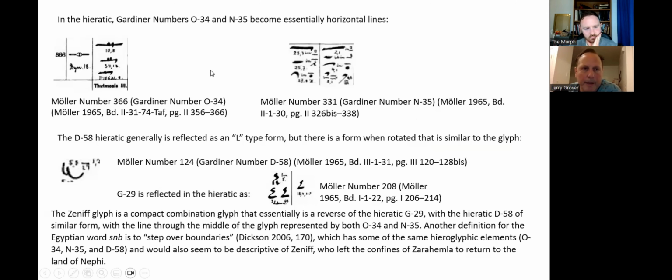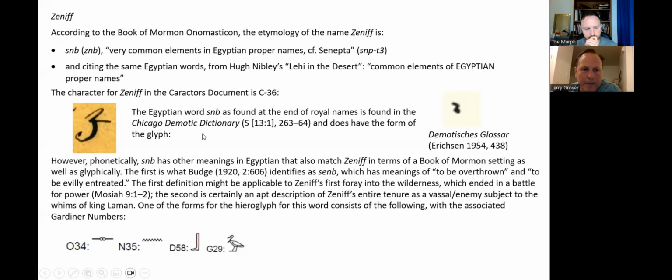And I do show some other potential meanings that would at least phonetically match the Egyptian Seneb, because as Nibley is saying, this Senef seems to be an Egyptian name, not a Hebrew name.